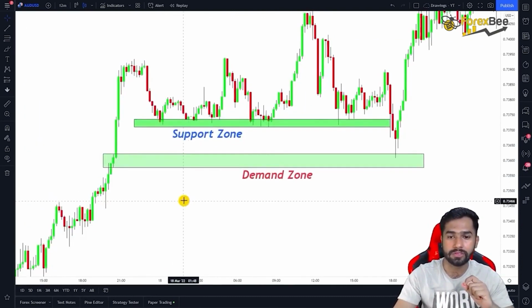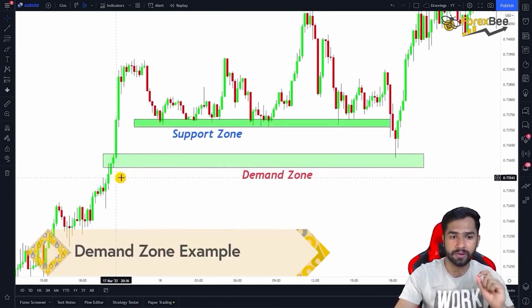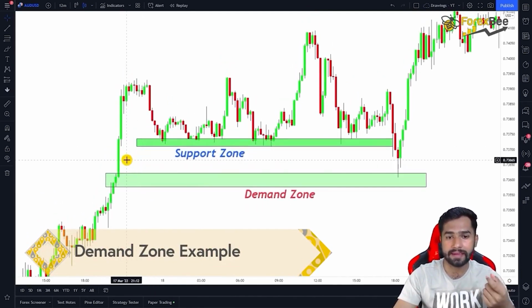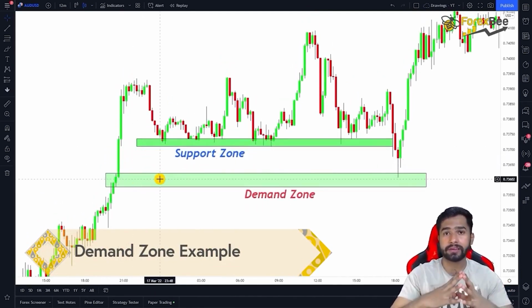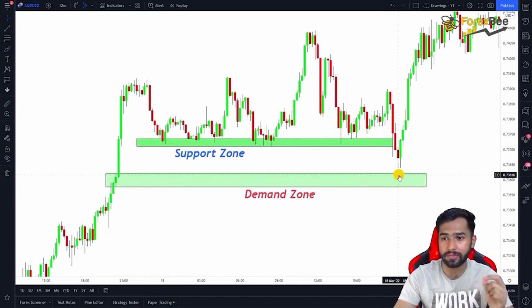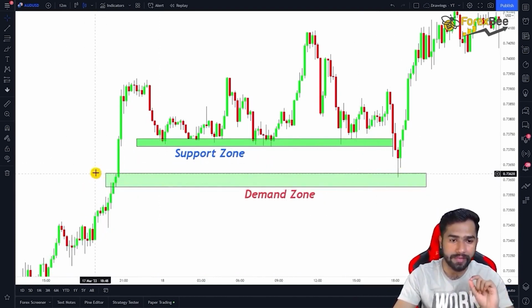So here we can see the formation of a demand zone, that is our rally base rally demand zone. And now, as I explained earlier, once a demand zone is formed, the market will come back in order to pick the pending orders from that zone. So you can see the demand zone forming here.